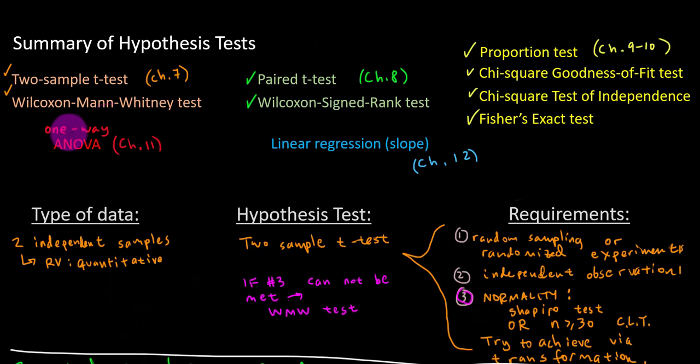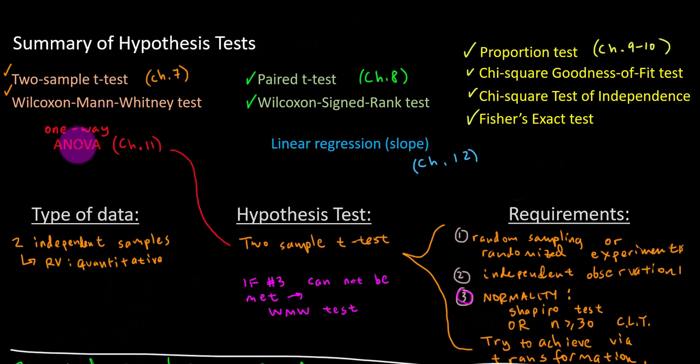We connected analysis of variance as an extension of the two-sample t-test, where when you only have two groups to compare, the two-sample t-test is the way to go. However, if you've got 3, 4, 5, or more groups, then ANOVA is basically the method to use, so it's an extension of the two-sample t-test.